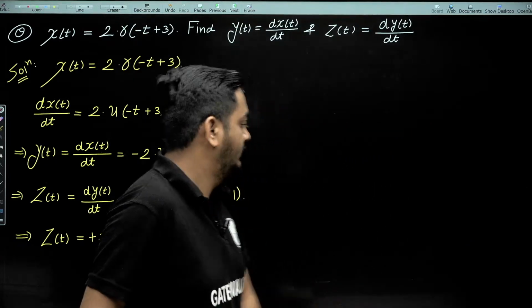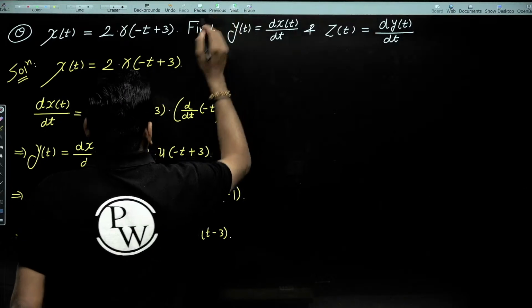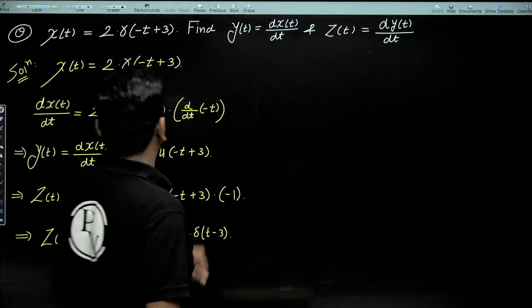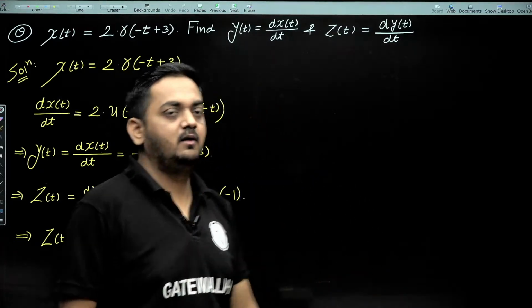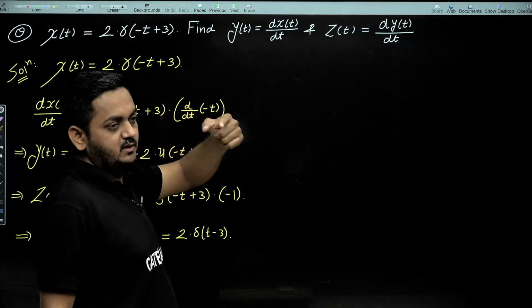So this is all about the ramp function. If the slope is 1, it is the unit ramp function.